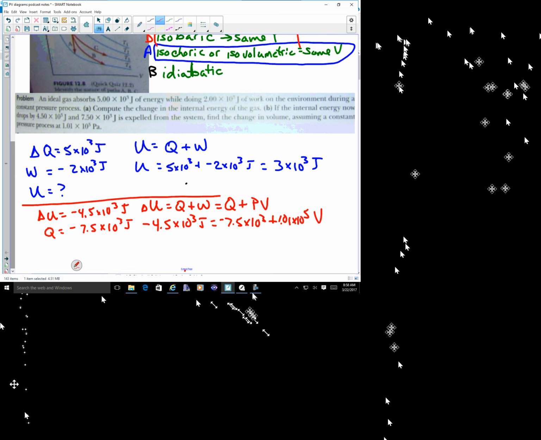You got to figure out what V is. Well, if you switch it all around and solve for V, you end up getting somewhere around a negative 2.97 or negative 3, something like that. It's going to be times 10 to the negative 2. And since all of this has to be in metric, it's going to be cubic meters. Okay? So pretty easy problems to do. And just make sure you're ready for those on the test. Right? Have a great one. Bye.